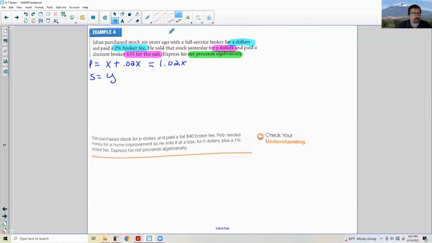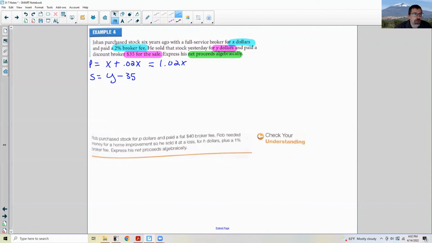So he bought his shares one place that charges 2%, but then 6 years later, when he sold it, it looks like he went either with a different broker or the broker changed their fee structure and now they're charging $35 per sale. So if you take the value that it's worth 6 years later, and you have to pay $35, well, you're getting $35 less than what you sold it for, which is Y. So it's Y minus 35.